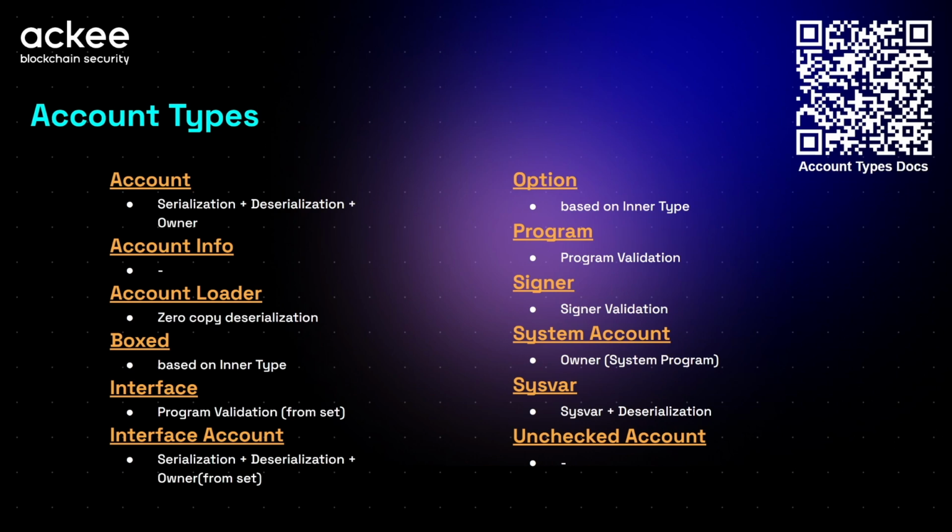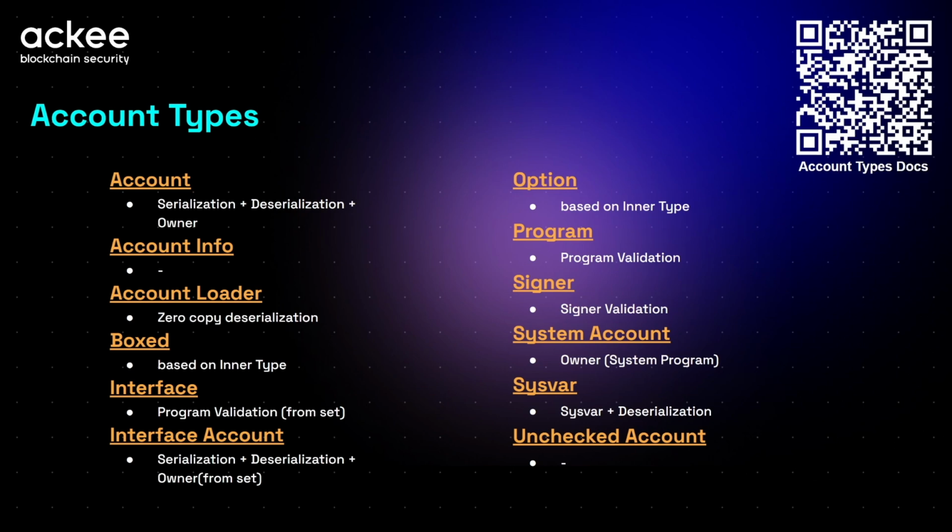Then we have a system account, which is, I would say, not that common, but this account type checks that the owner is system program, so let's say a regular wallet. Then we have sysvar, which is system variable, and this type checks that actually the account is a system variable and deserializes it.